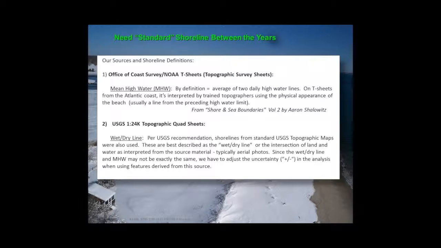In these cases, what you're really looking at is the wet-dry line, or the intersection of land and water as somebody interprets it from the source material, which in this case are usually aerial photos. Now in some cases, the wet-dry line may match fairly well with mean high water. In some cases, it doesn't. And that's the need to adjust the uncertainty values on this. We'll talk about that a little bit more in detail. But it's another source of data that we can use to fill in, although the vast majority of it is based on the T-sheets.